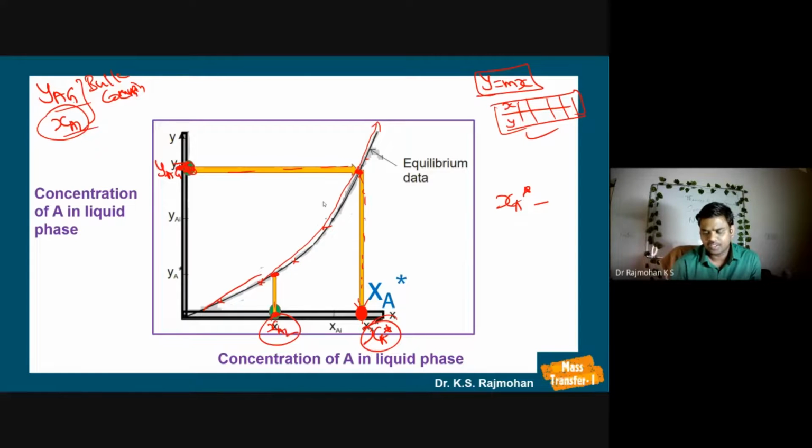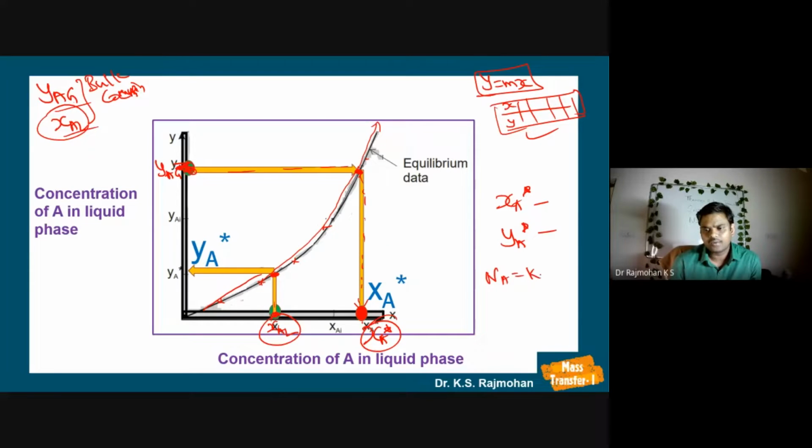Draw a corresponding line parallel to the x-axis, and on the y-axis we get the YA star value. So we get YA star from the equilibrium curve. These two can be used to define the flux equation, right?